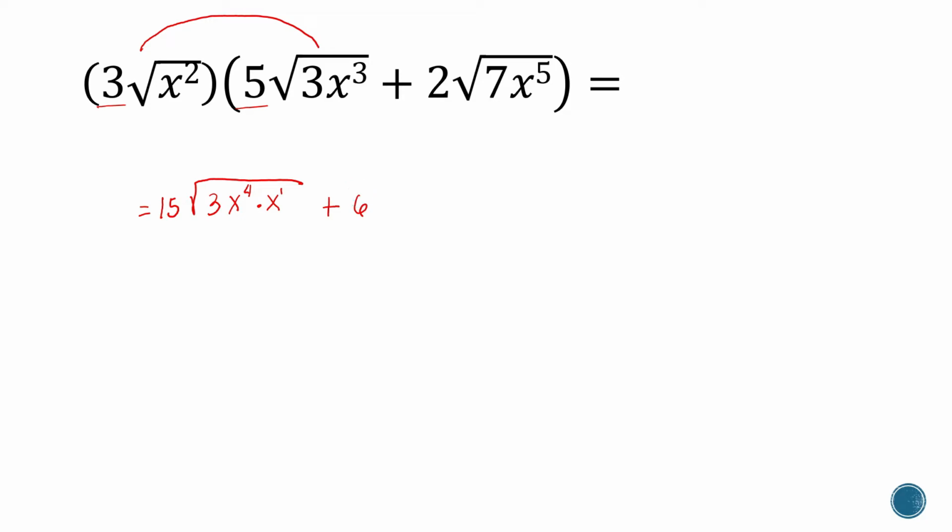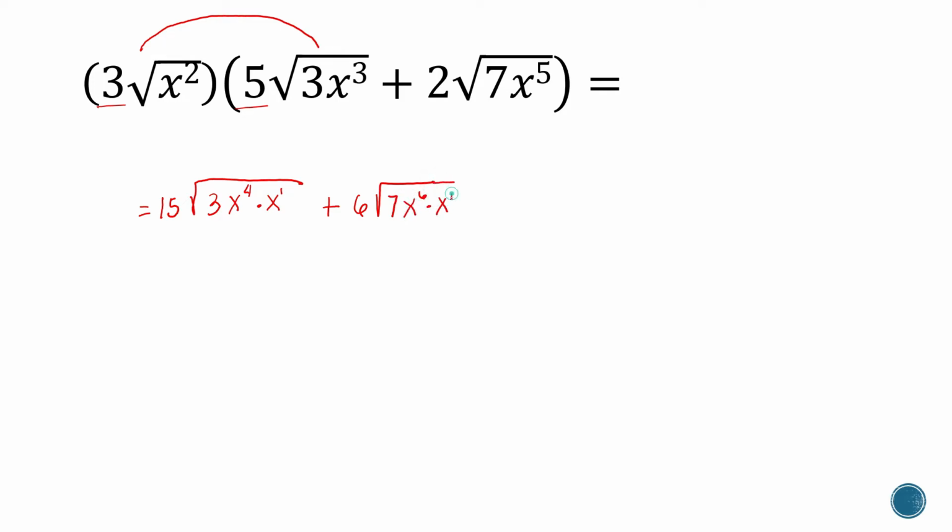x squared and 7x raised to 5 is square root of 7x raised to, 2 plus 5 is 7, so I can express that as x raised to 6 times x.